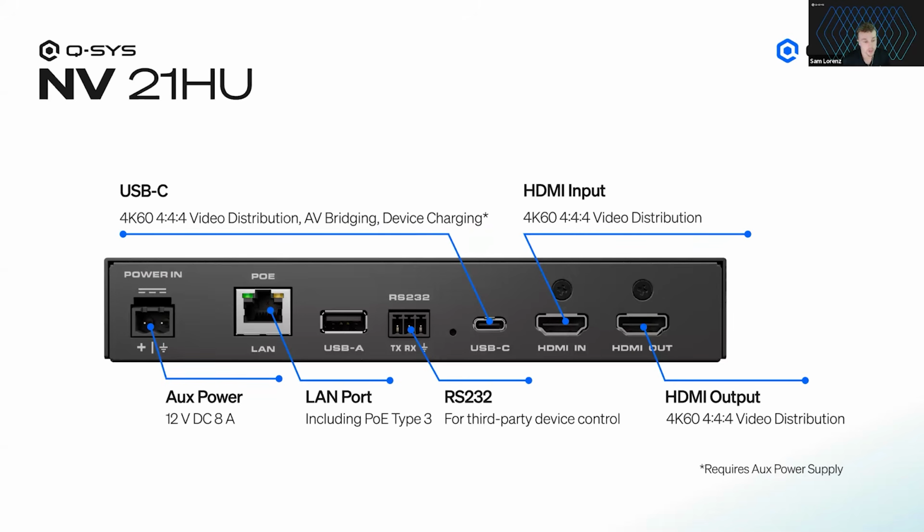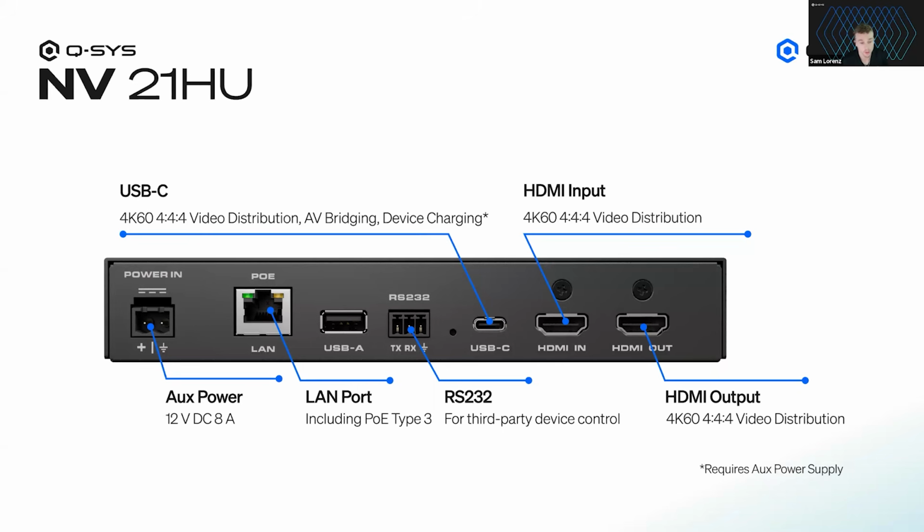So going from right to left here, backwards again, you have the HDMI output, able to be up to 4K 60 444. You have the HDMI input, also up to 4K 60. And then something that's different on our NV21 versus our 32 is this USB-C. This USB-C is a video input with DisplayPort alt mode, so we're able to send 4K content to a display within the space.